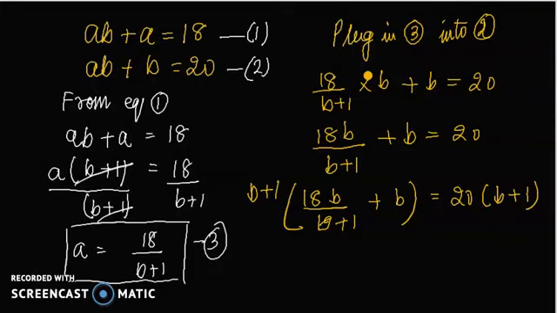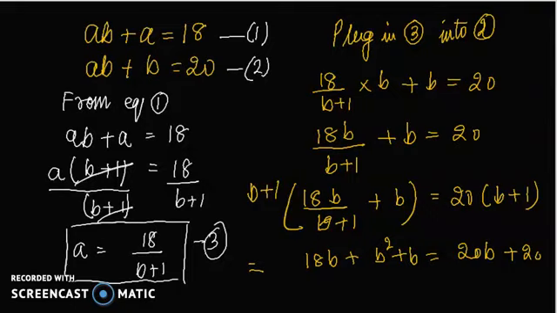Now on further simplification, b plus 1 and b plus 1 will get cancelled, so we will get 18b plus b times b plus 1, that is b square plus b, is equal to 20 times b plus 20. Hope my explanation till this step is clear to you.